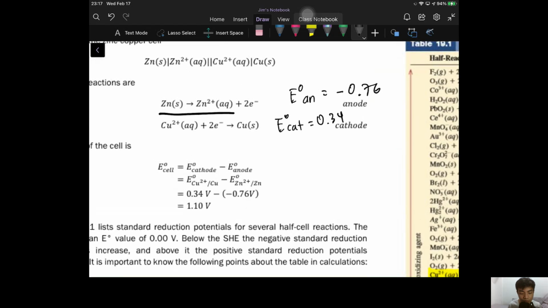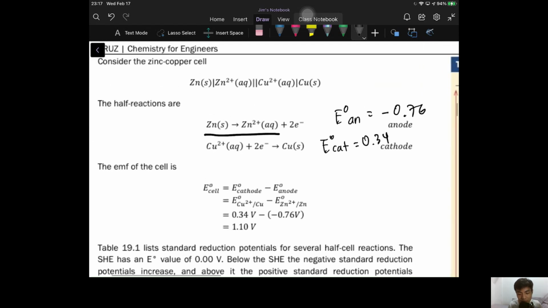So, ano gagawin mo? So, to solve for the cell value, okay, yung kuryente na mapoproduce ng iyong cell diagram, alamin mo kung gaano karaming kuryente mapoproduce dyan. Ano lang yan? That's E naught cell equals E cat minus E anode. Okay? So, again, E naught cell is equals to E cat minus E anode.